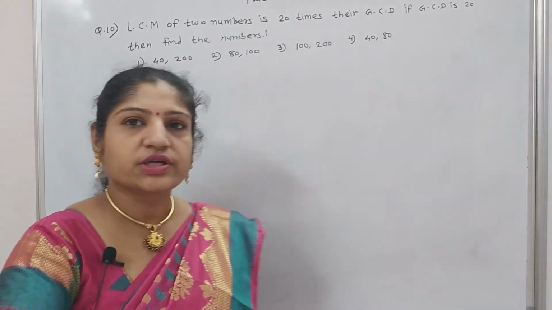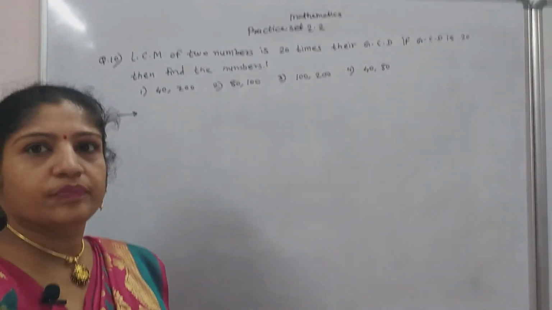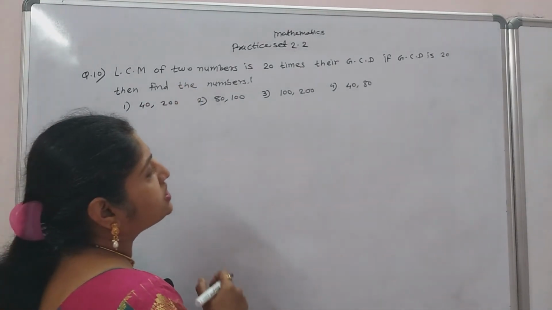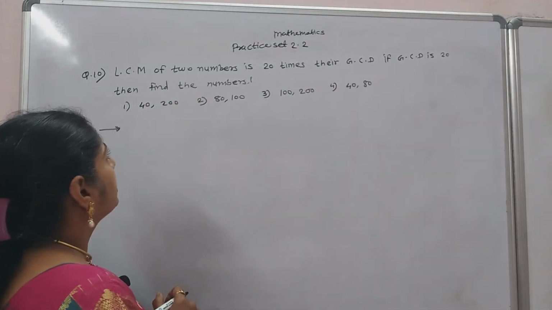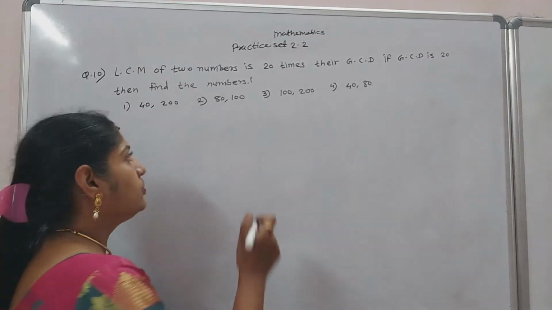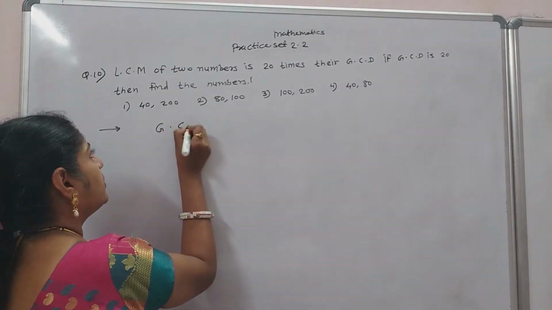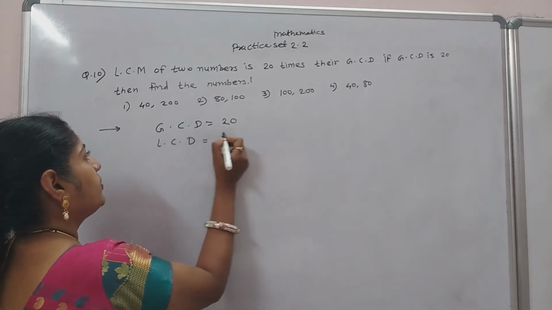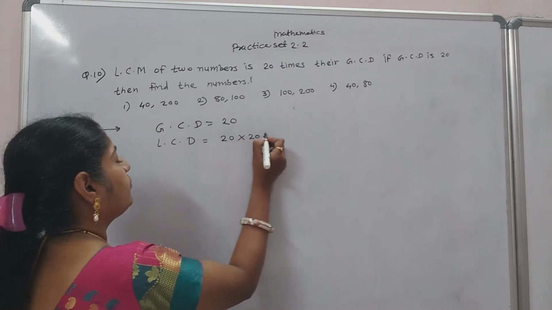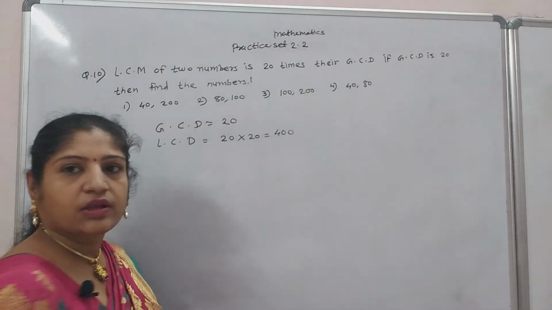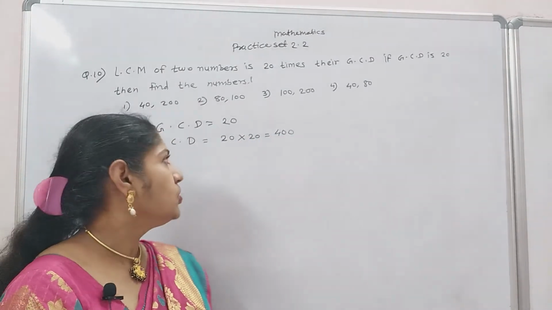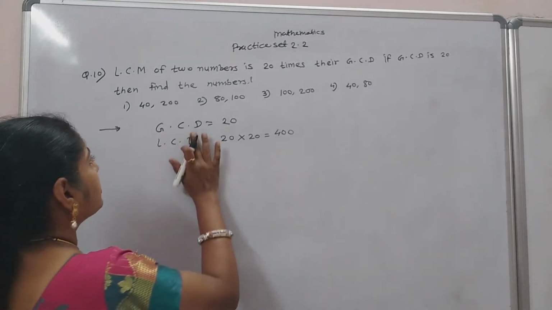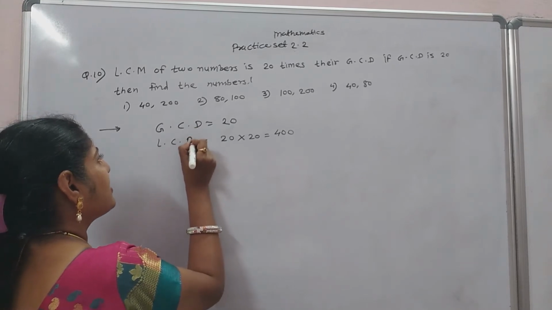Now next question is question number 10. LCM of two numbers is 20 times their GCD. If GCD is 20, then find the numbers. GCD equal to 20 and LCM equal to 20 times 20, that is 20 into 20, 400. In this example also, we know the GCD and LCM.